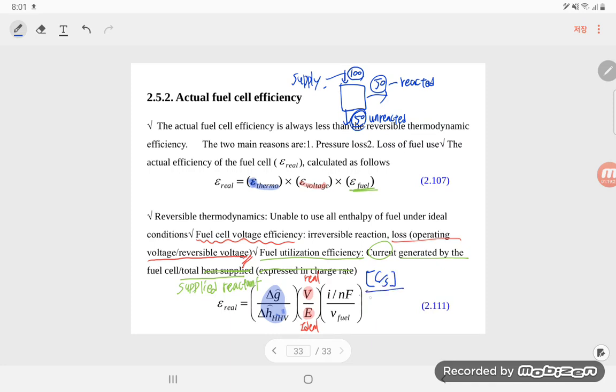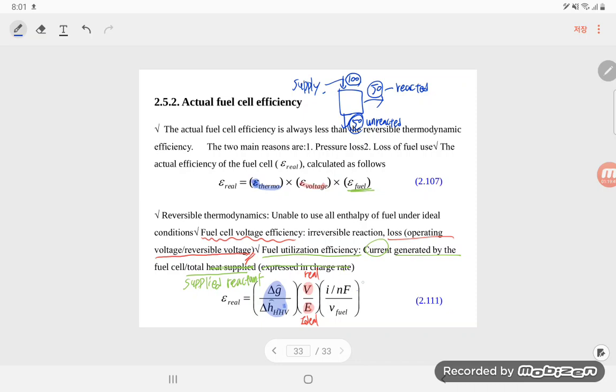Coulomb per second, and N is the moles of H2. So I is coulomb per second, and moles of H2, moles of electron per mole of H2, and the inverse of the Faraday constant, moles of electron per coulomb.